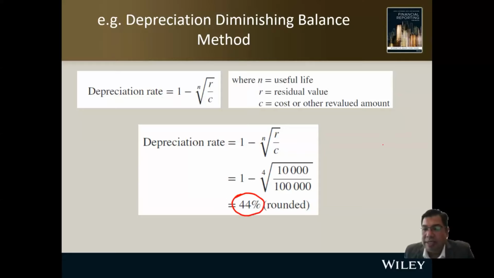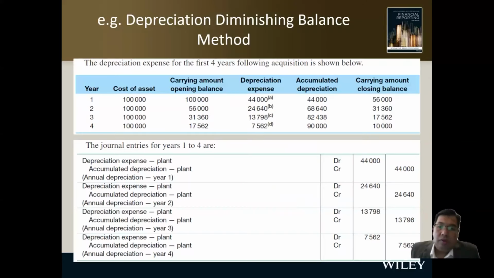This is your depreciation rate, 44% based on the carrying amount, or net book value. In the first year, our depreciation will be 44,000, so our accumulated depreciation will increase to 44,000. Our carrying amount will be cost minus accumulated depreciation, which gives you 56,000.